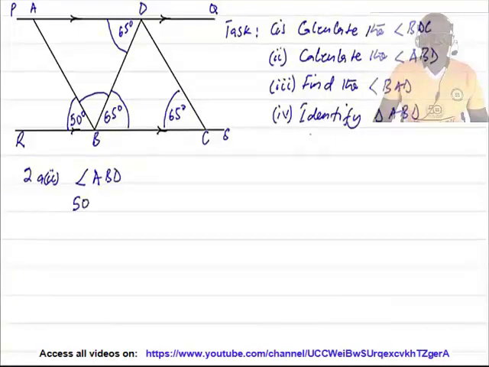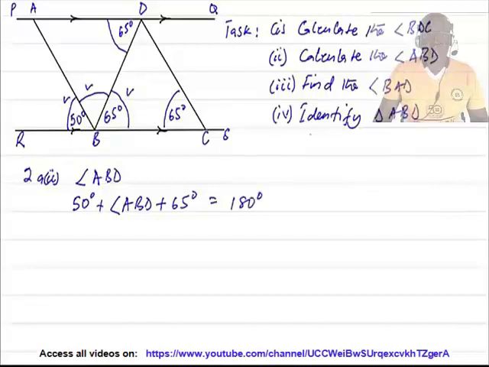Therefore, 50 degrees plus angle ABD plus 65 degrees, this plus this plus this, should equal 180 degrees.